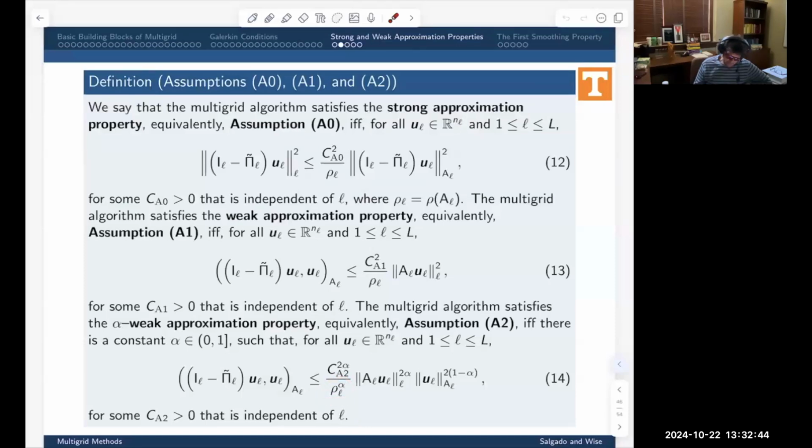Remember alpha is equal to a half here. And now this thing is new: UL in the AL norm. And if this is a half, then 1 minus alpha is a half times 2 is 1. So this guy is new and it comes at the 1 power. Everything else is as I mentioned.